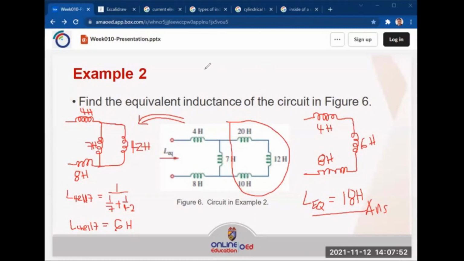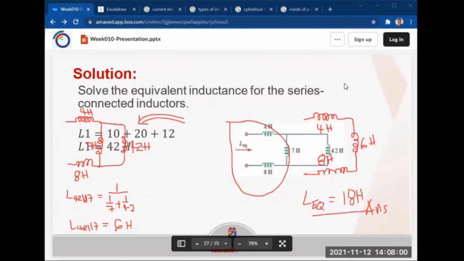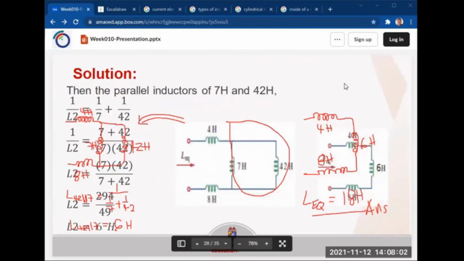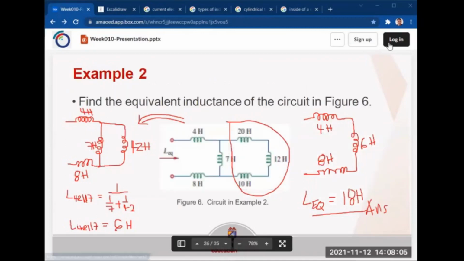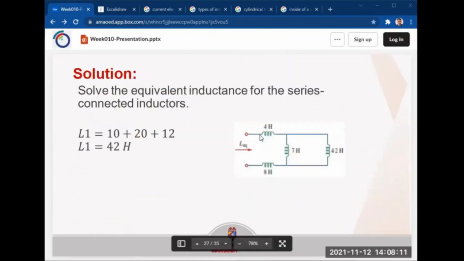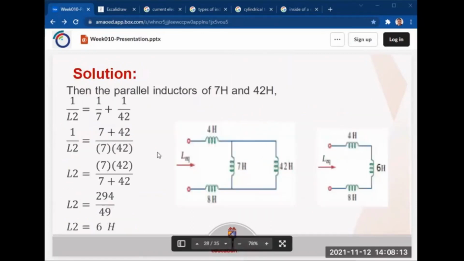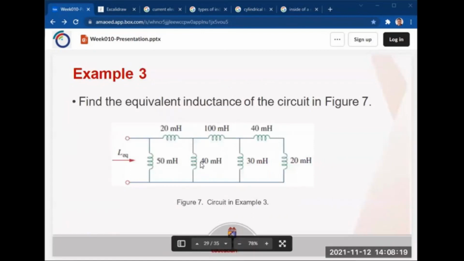So I'll clear this one and let's see if our answer is correct. The module says a step-by-step solution. So 42, then 6, then series, and the equivalent.